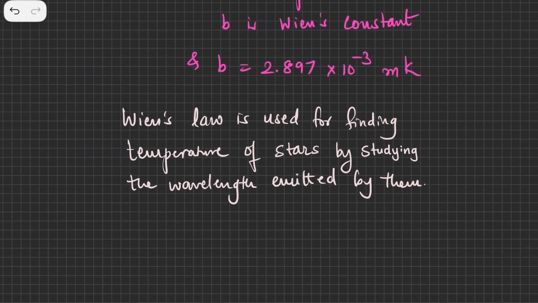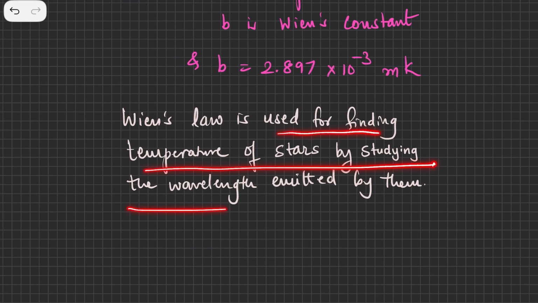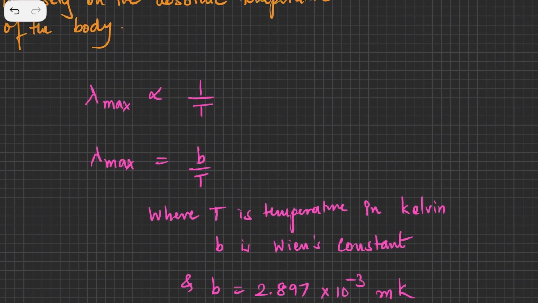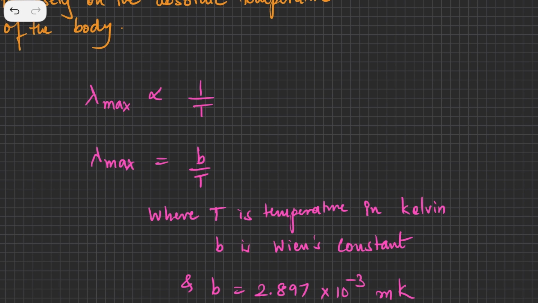Wien's displacement law is used in finding the temperature of stars by studying the wavelength emitted by them. Suppose from Earth we are seeing a star, and this star is emitting radiations. If you study the radiation and find the wavelength, let's say lambda 1 is the minimum wavelength and lambda 2 is the maximum wavelength in which it is emitting the spectrum. Suppose this is one of the wavelengths which has the maximum intensity.